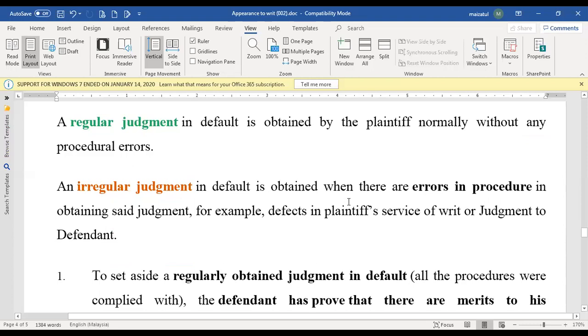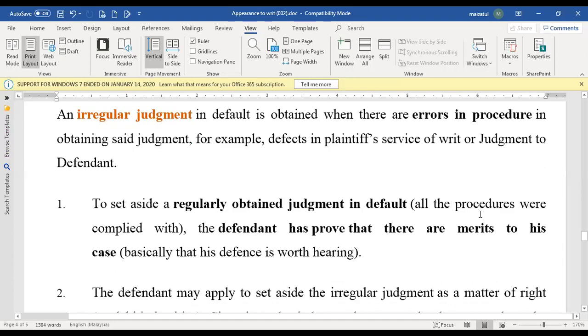You just serve it, but the registered address might be from 10 years ago, which the client gave to you, when in fact they already changed it before you filed your summons. So in the SSM search, the registered address is different from whatever the client gave to you. So you have not served the updated address. In this kind of situation, the judgment you obtained might become an irregular judgment.